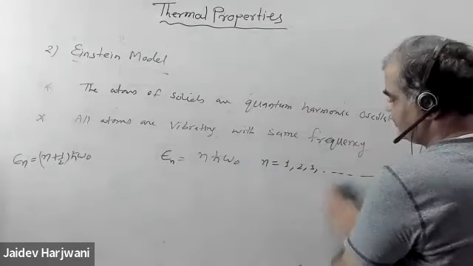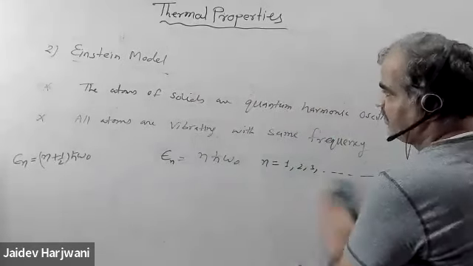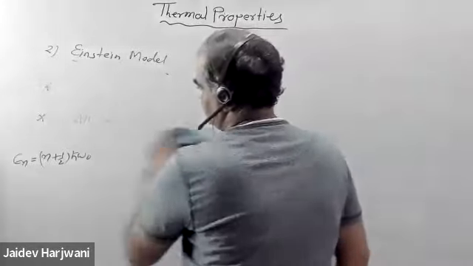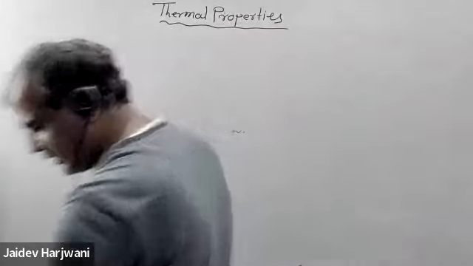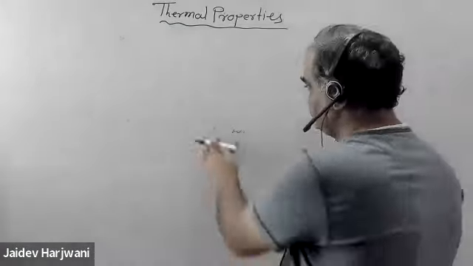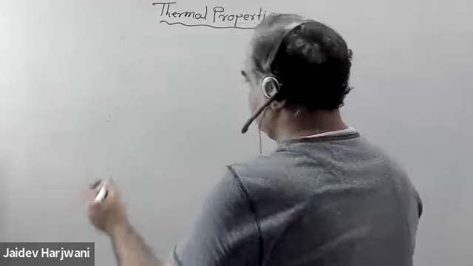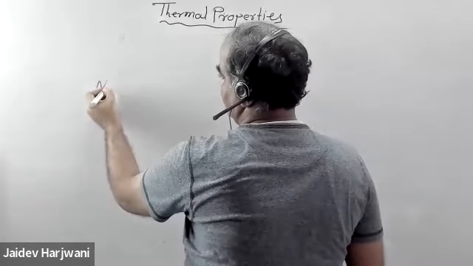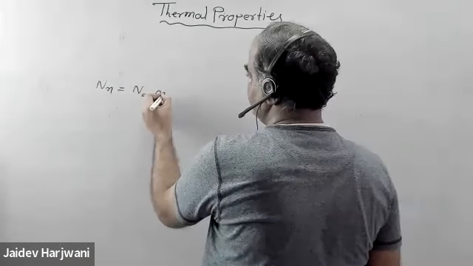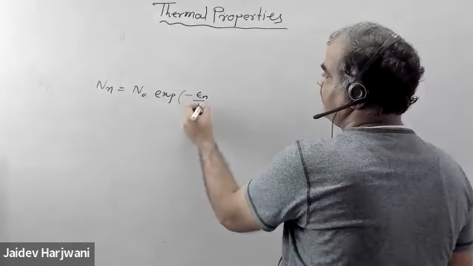Now let us calculate the energy of the solid. We know that the number of atoms in any state is given by exponential of minus En upon kT.